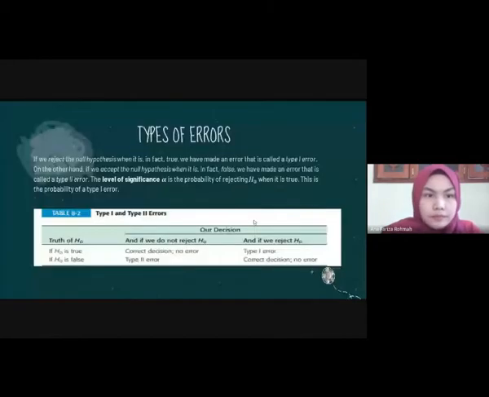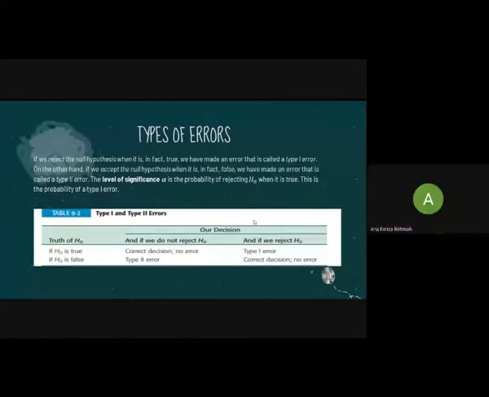And next is types of error. If we reject the null hypothesis when it is in fact true, we have made an error called a type 1 error.